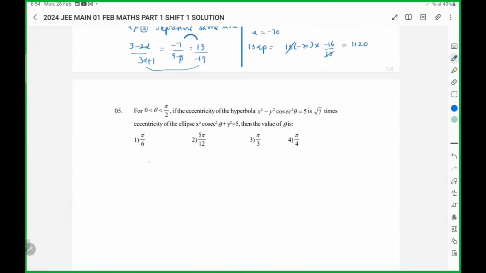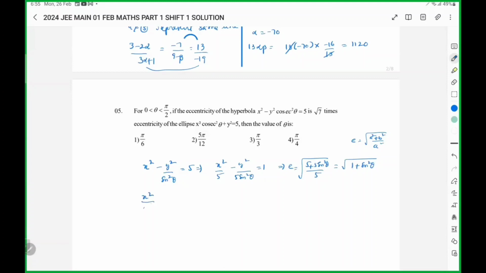Here, eccentricity of hyperbola equal to 5, just rewriting in the standard format, 5 sine square theta is 1. So for hyperbola, eccentricity is a square plus b square by a square, that is 5 plus 5 sine square theta by 5, which is root of 1 plus sine square.